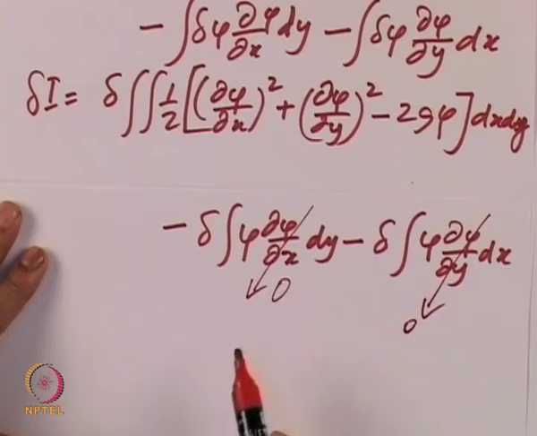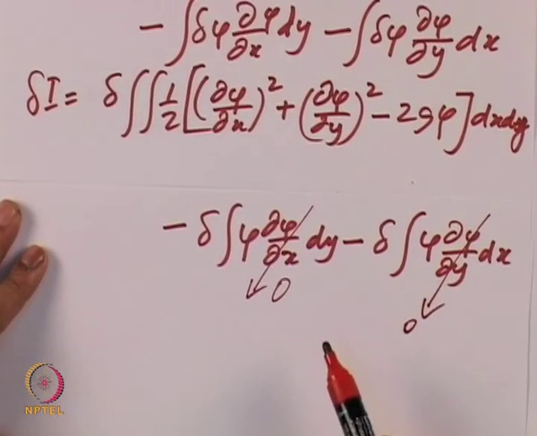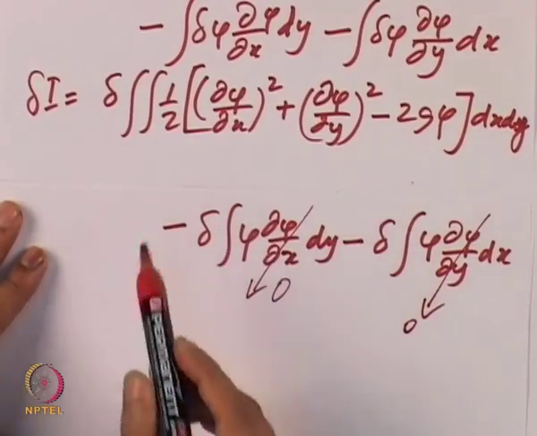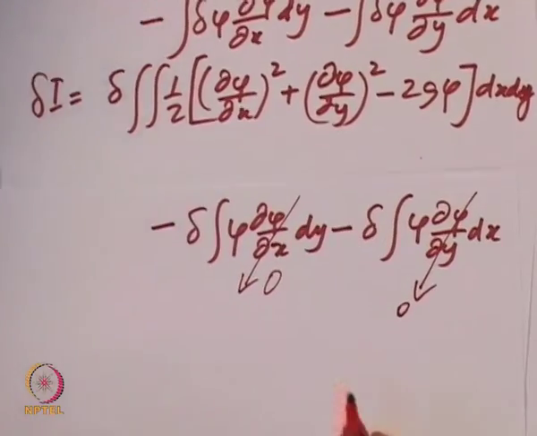So the Neumann boundary condition will define the function's normal derivative to be equal to 0. So we will have only the term which is here. What we will have is a term which will only contain this particular thing.